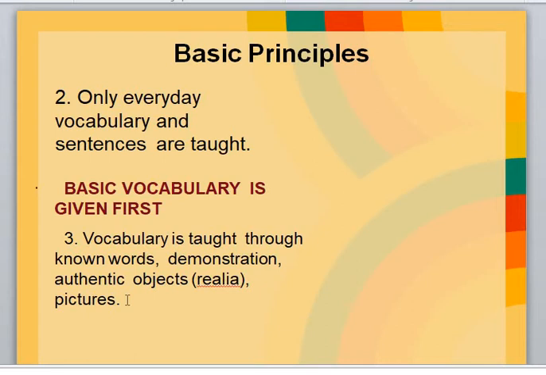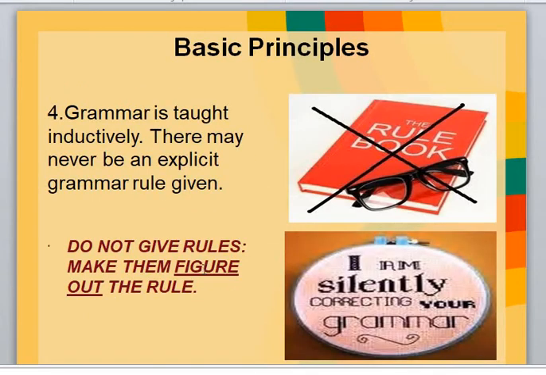Along with this, the list is provided to the students and they cram and memorize the vocabulary. But here the vocabulary is taught through known words and through demonstration, through showing them pictures, and the understanding is increased by actual demonstration of those words, sentences and utterances.